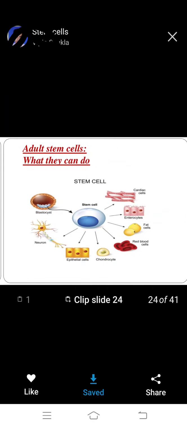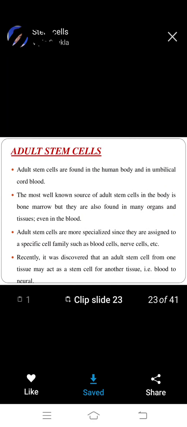Next, go to adult stem cells. Adult stem cells are present in adult animals only. These are also known as somatic stem cells. Somatic means body.